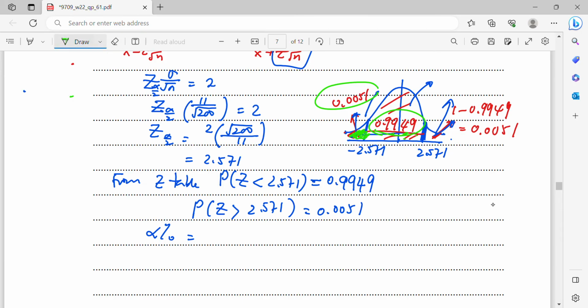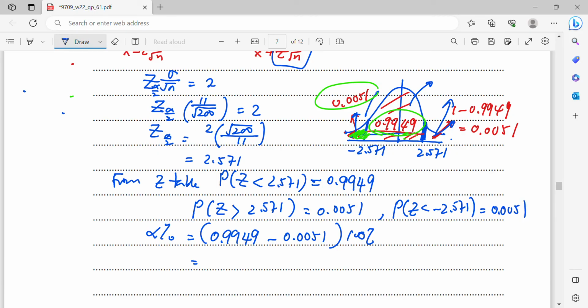So my alpha value will be just 0.9949 minus 0.0051, then I times 100%. Right? So for the previous step, you can write P(Z > 2.571) is 0.0051 and P(Z < -2.571) is 0.0051. No problem.